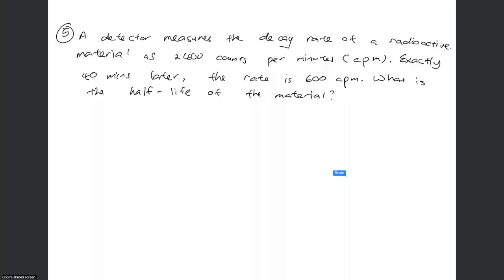All right, the last question of today is: a detector measures a decay rate of a radioactive material as 2400 counts per minute. You can do shorthand c.p.m. Exactly 40 minutes later, the rate is 600 c.p.m. We're trying to determine the half-life.